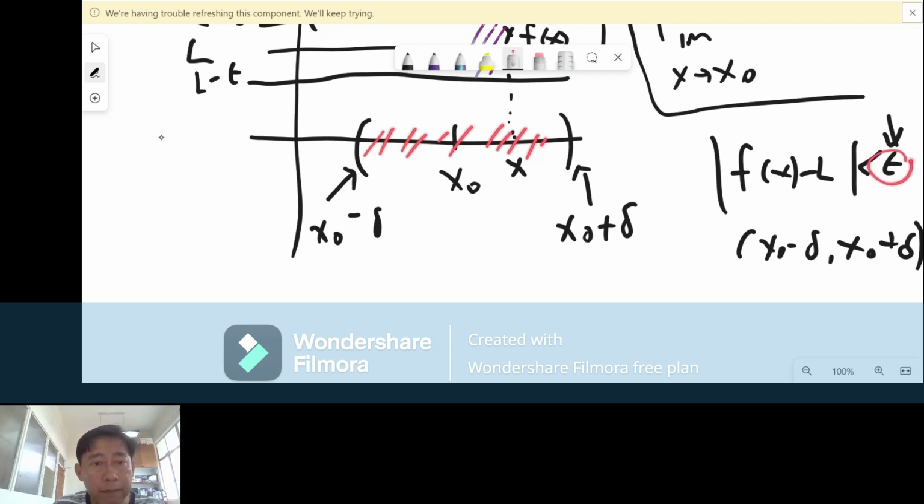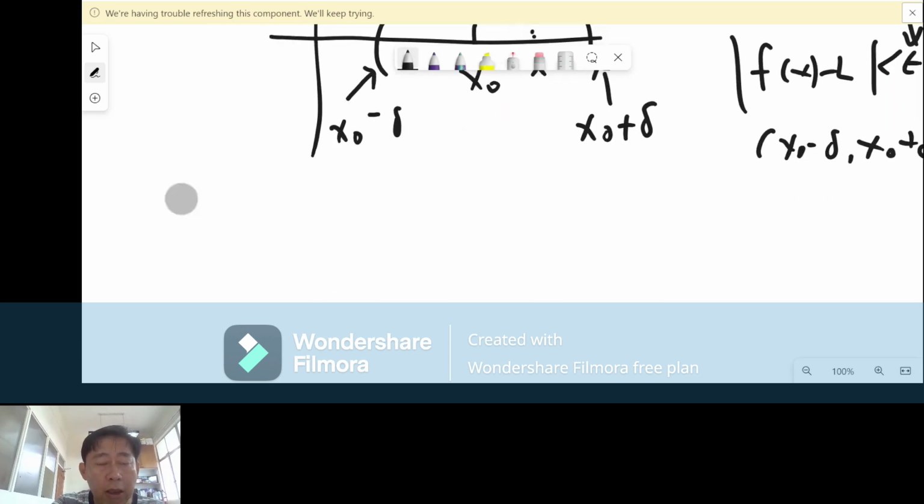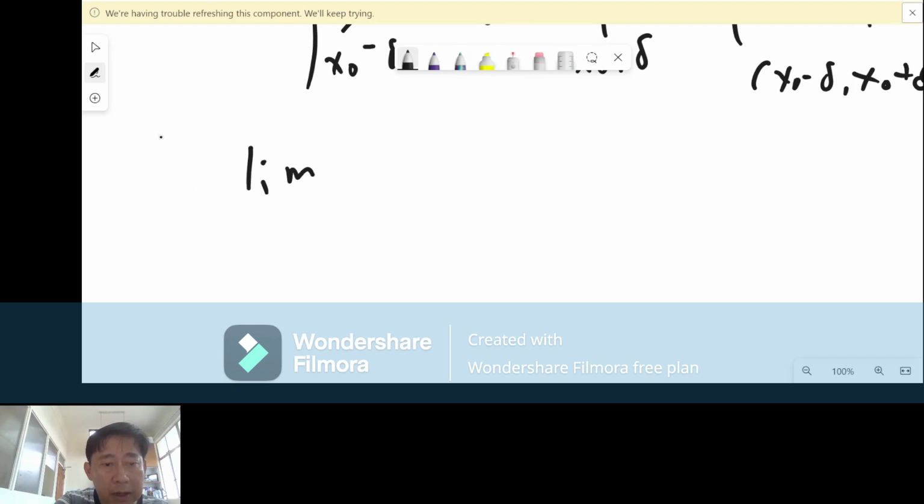Whereas in the case of the limit of a function when x tends towards plus or minus infinity, maybe I just look at the case for x going to positive infinity.